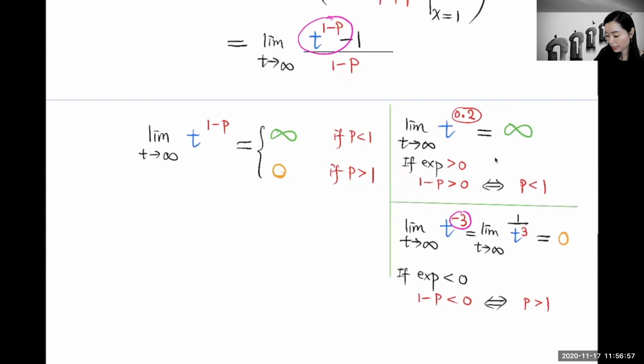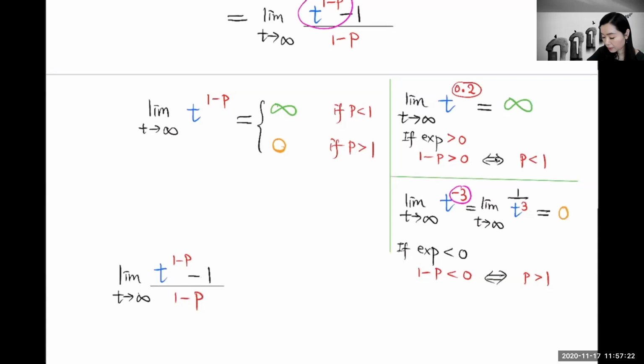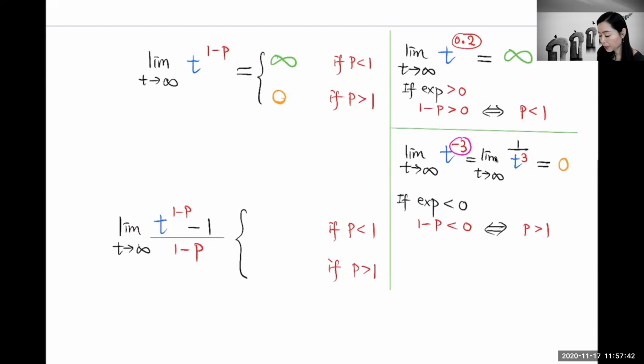Now we can use this back in the limit over here. So there are two cases. The first case is if p is less than 1. The other one is if p is greater than 1. If p is less than 1, this part over here will be going to infinity, so this whole limit will go to infinity.